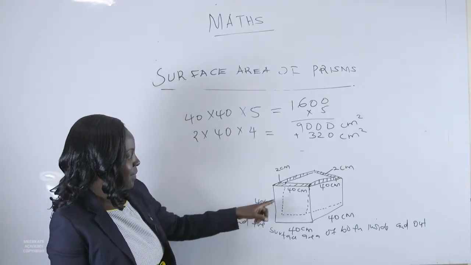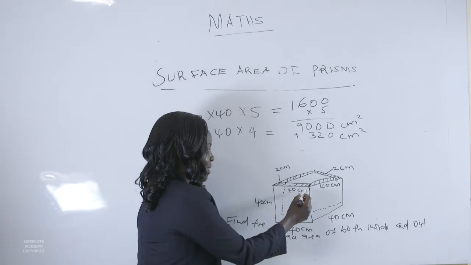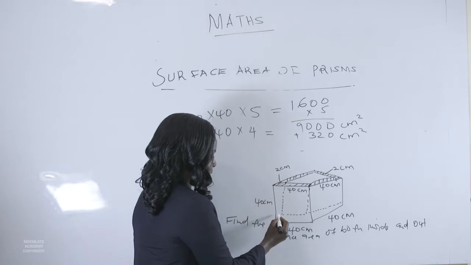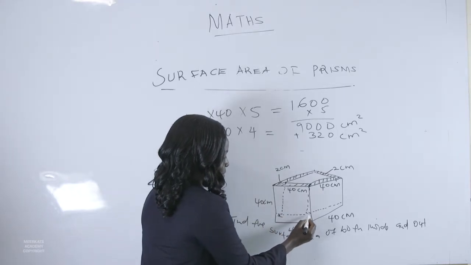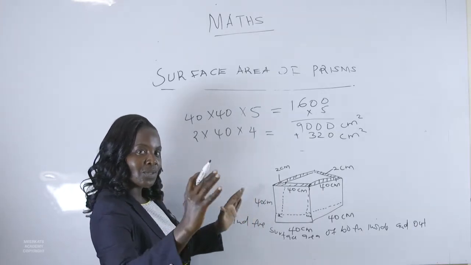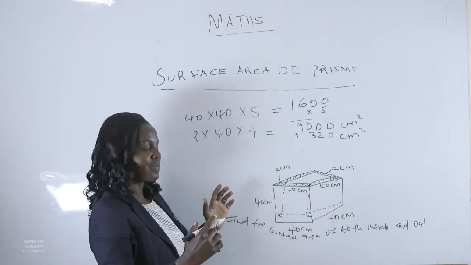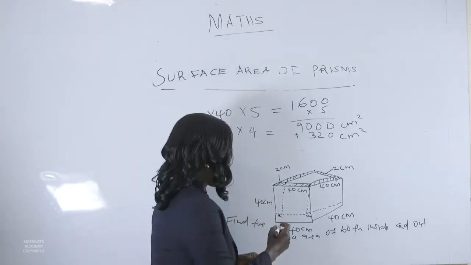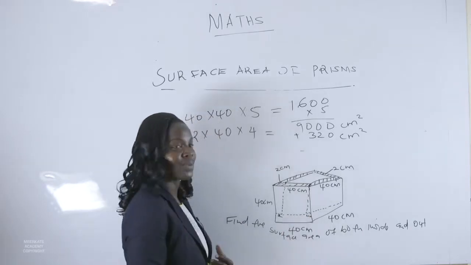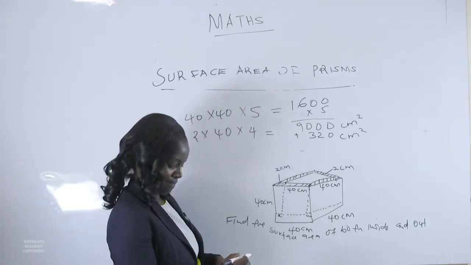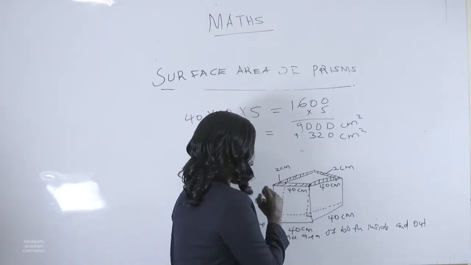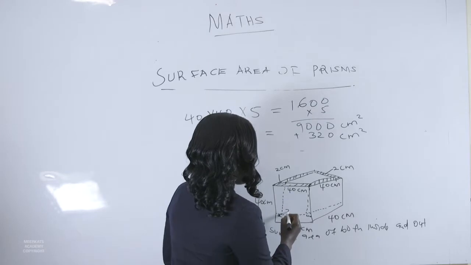So you realize that inside, if we look at the dots, it will be less here by 2 and will be less by 2 on this other side. So it's supposed to be 40, but because of the thickness of the wood, it will be less by 2 centimeters on this other end and 2 centimeters on the other end. So that will leave us with 40 minus 4, that will be 36 centimeters.